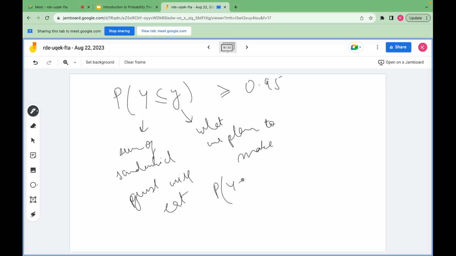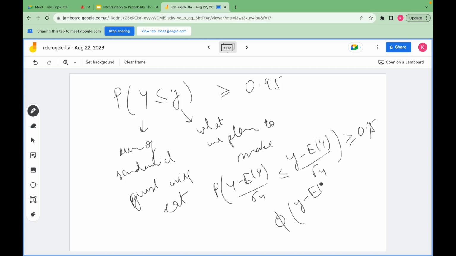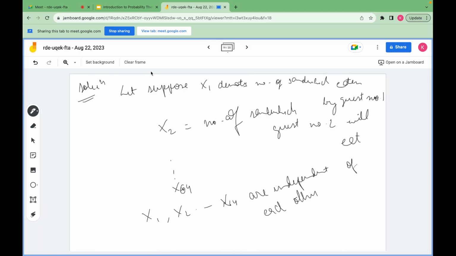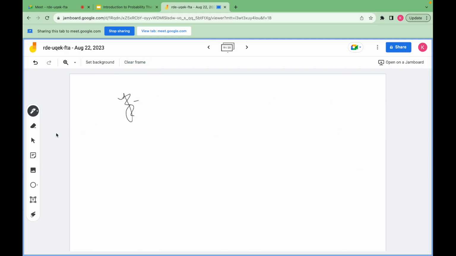We find that y minus expectation of y upon sigma y should be greater than or equal to phi inverse of 0.95.